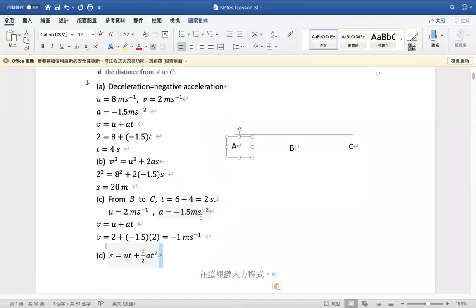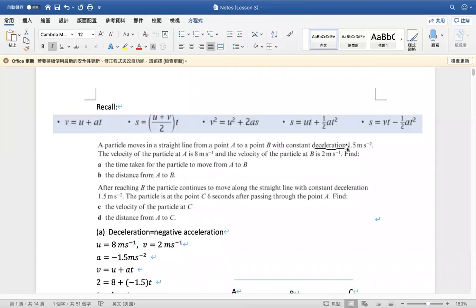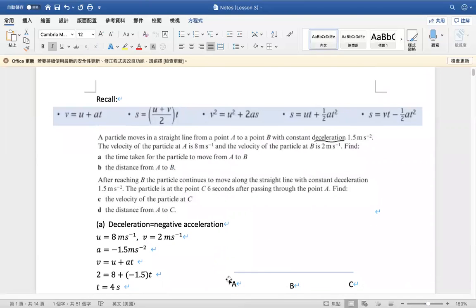Note that we can consider the whole journey at once because the deceleration is constant. It's all 1.5 meter per second squared.